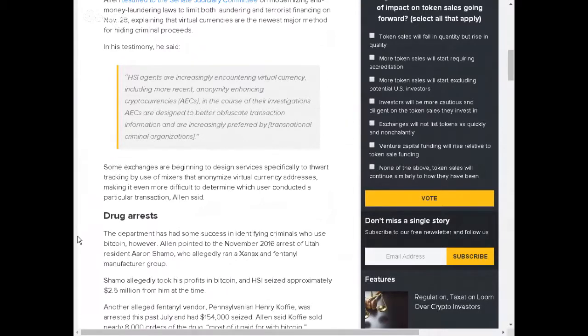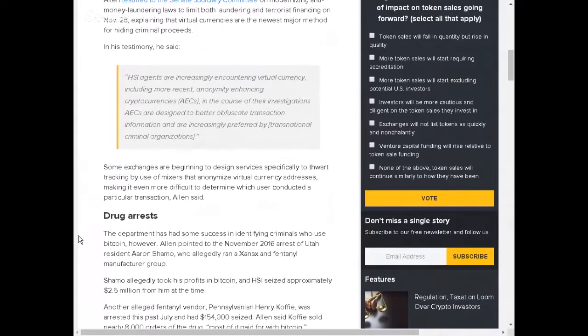AECs are designed to better obfuscate, sorry if I can't quite say that word, transactions and information, and are increasingly preferred by transnational criminal organizations. In other words, organized crime.